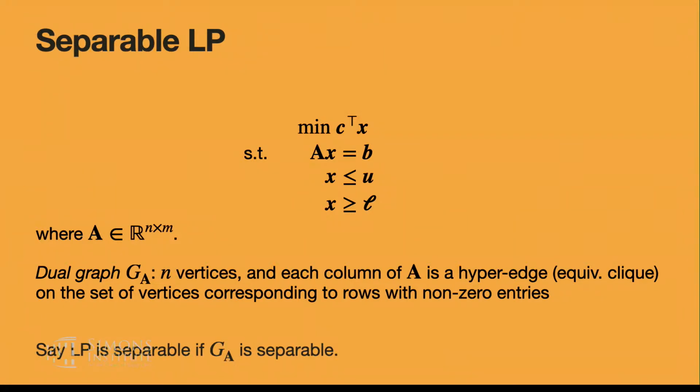And similarly, we'll want to talk about separable linear programs. Here we say a linear program is separable if the dual graph is separable. We'll get into separability definitions a little bit later.